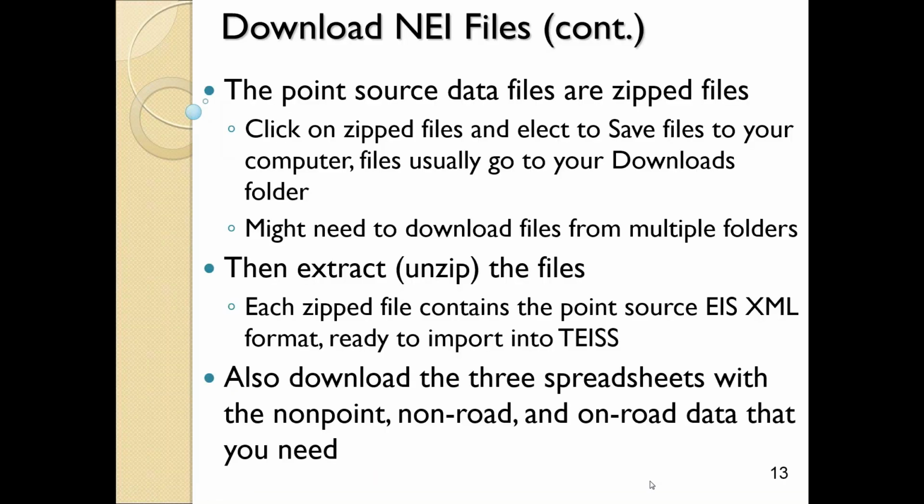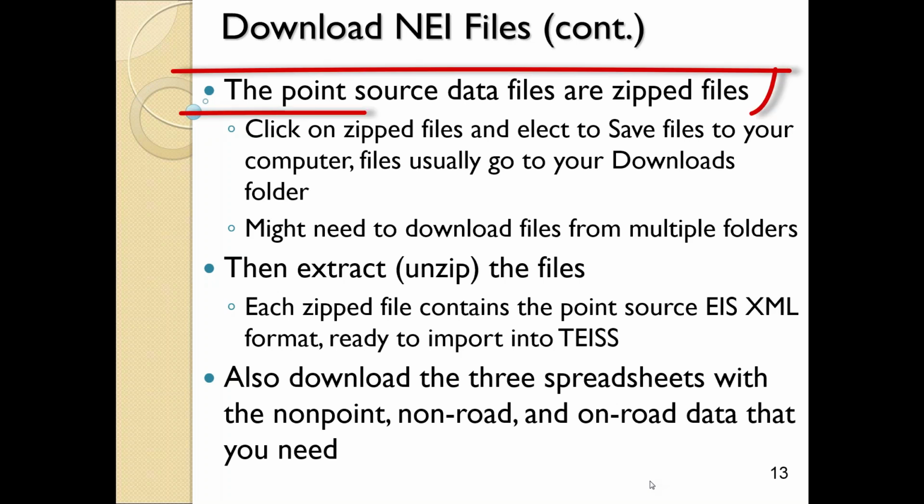So something to know. In each of the subfolders, there are 4 data files. One is a point source data file, and that's the file we're going to be talking about during this module. It is a zipped file, and you need to download that file to your computer from the training site.